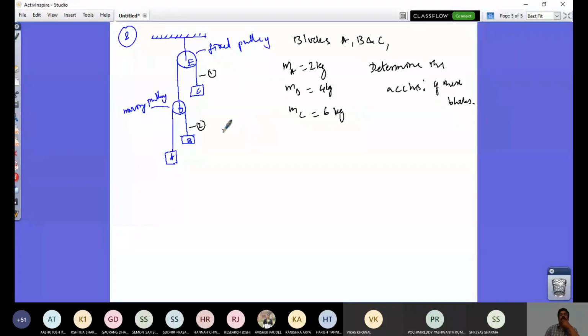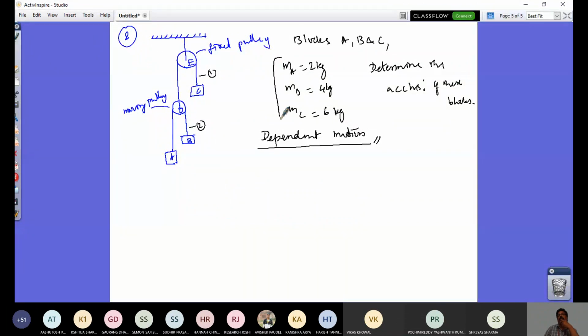How you solve this problem comes under the category of dependent motion. Motion of C depends upon motion of D, motion of B depends on motion of A, and so on. In this, you see the masses of pulleys D and E are not given.